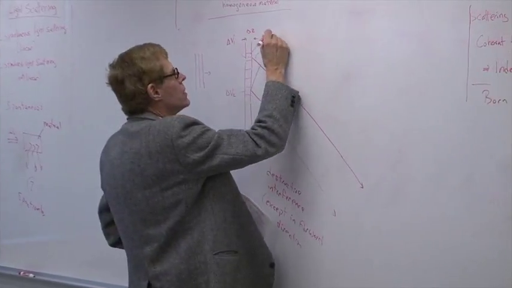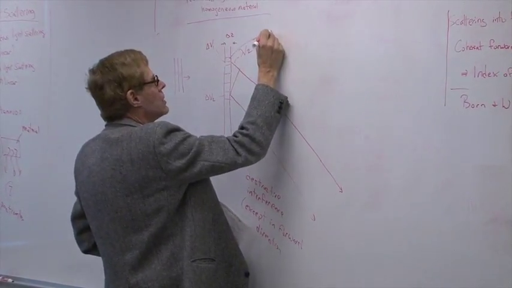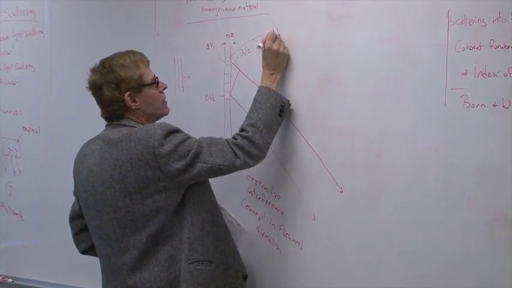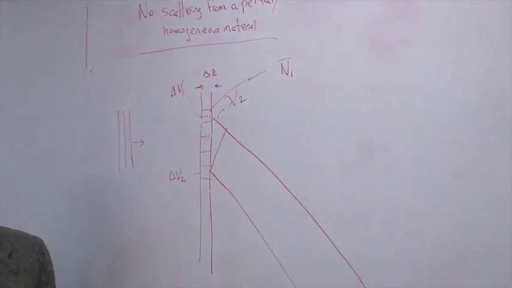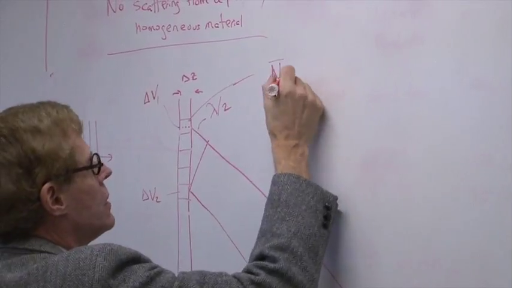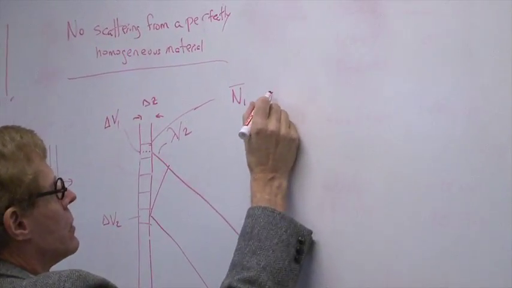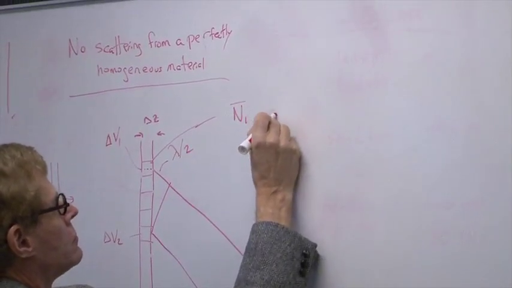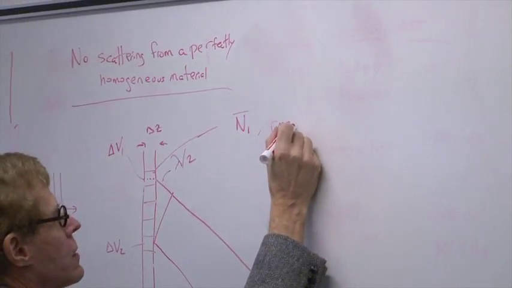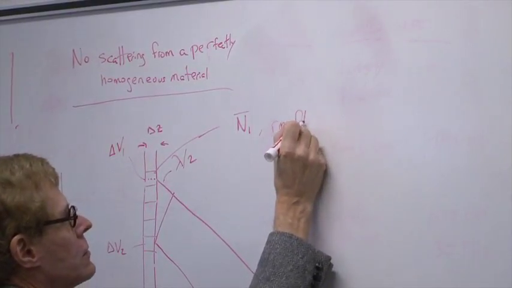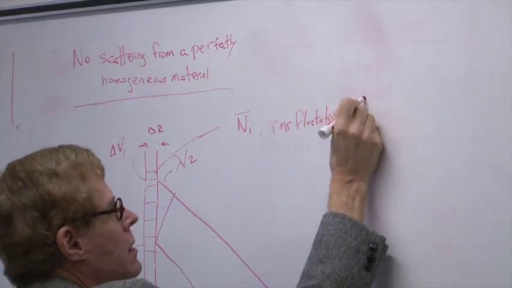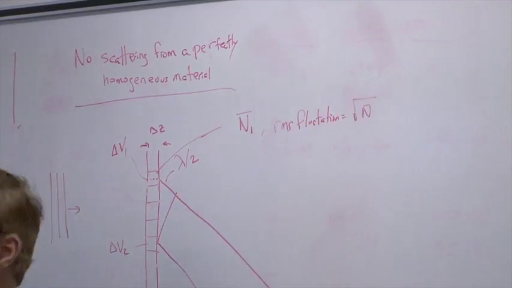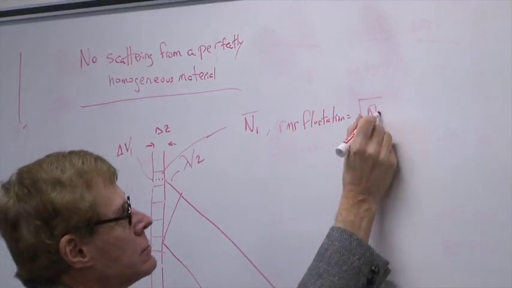So if the actual number on the average is N1, if this is the average number in this volume, the variance, the RMS fluctuation is equal to the square root of N1 bar.